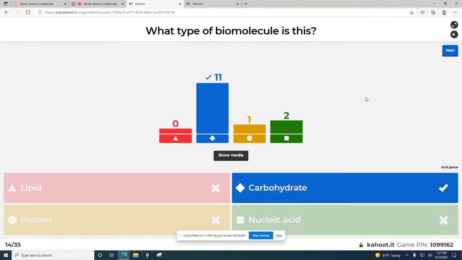Carbohydrate. Or looking at the many hydroxyl groups, or for a lipid, if it's literally just a long carbon chain with nothing but hydrogens, it's non-polar, that's a lipid. And use the pictures in your notes. Show yourself a picture and ask, what biomolecule is this? And try to replay it back to yourself.